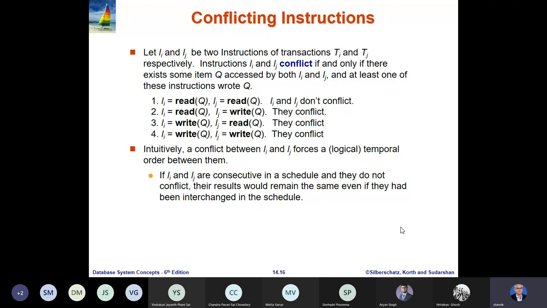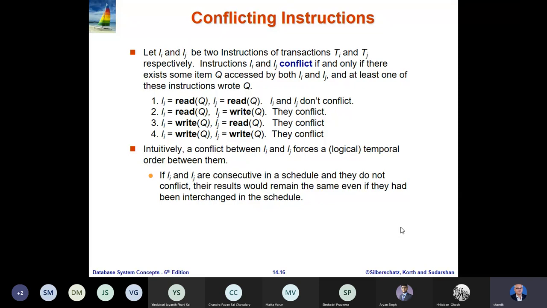Why? First of all, if Ii is doing anything on P and Ij is doing something else on Q, they never conflict. Ii is changing or reading P, Ij is changing or reading Q, there is no conflict at all. So you can always mix them in any order. Now, if both Ii and Ij read the same data item Q, then also there is no conflict.